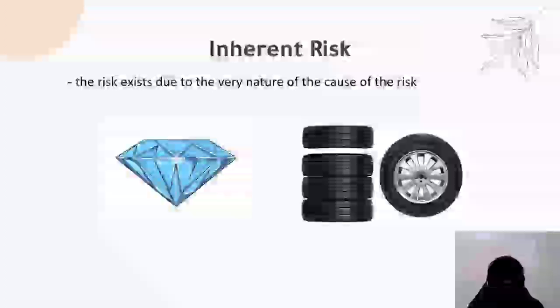Furthermore, placing a value on inventory when the inventory value is difficult to assess due to its nature is associated with higher inherent risk than in situations where inventory values are more objective. For example, the valuation of diamonds is inherently more risky than assessing the value of automobile tires.